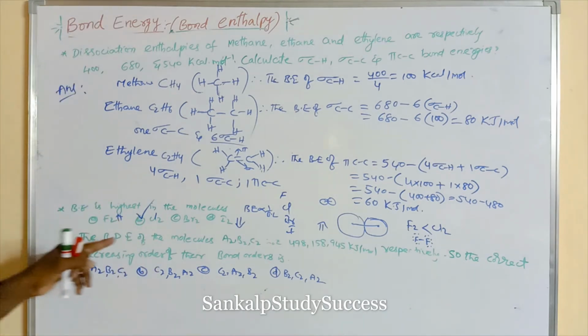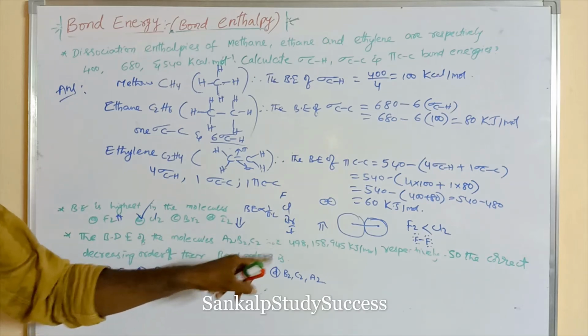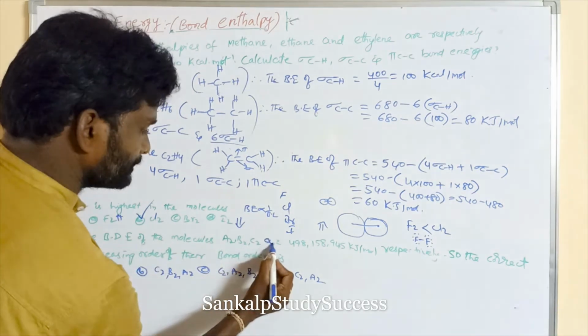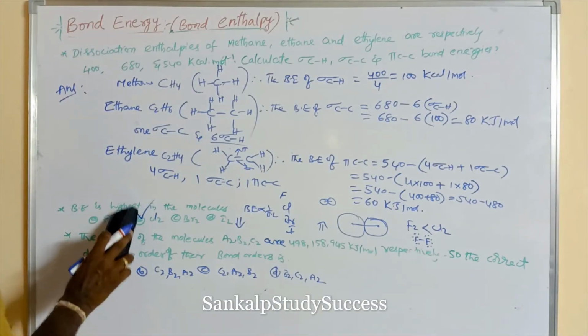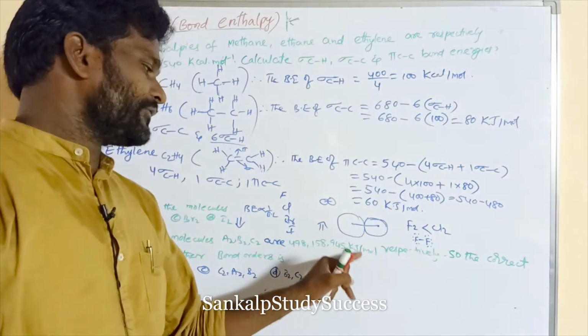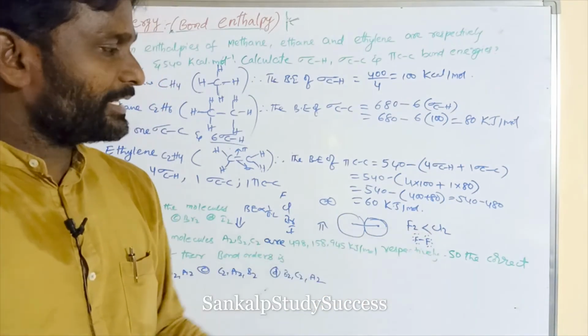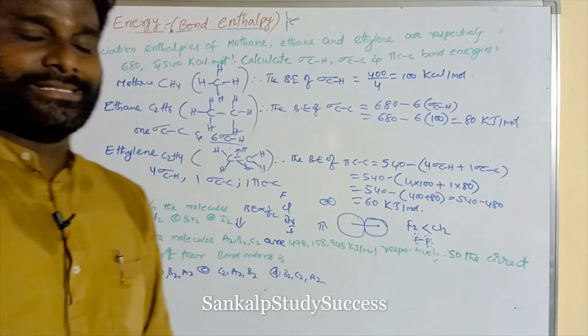The bond dissociation energy of molecules A2, B2, C2 are 498, 158, 945 kilojoule per mole respectively. What is the correct decreasing order of their bond energies?